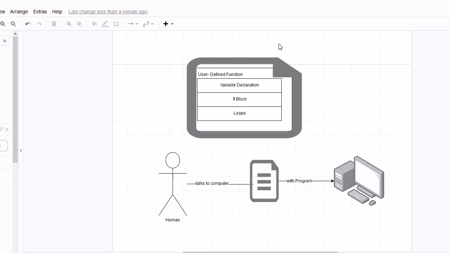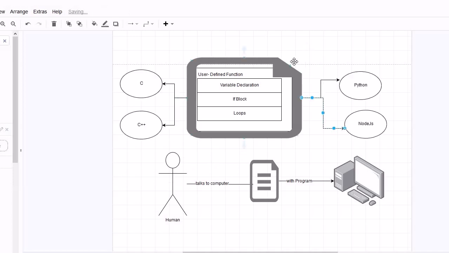I will give you an overview of all these things in the next session of this part 1, and in part 2 we will do the practicals and create all those things by hand. For the time being, just consider that there is something called a user defined function, a variable, an if block or conditional block, and loops, which exist within a program. Once you understand that, you can relate all the programming languages together.